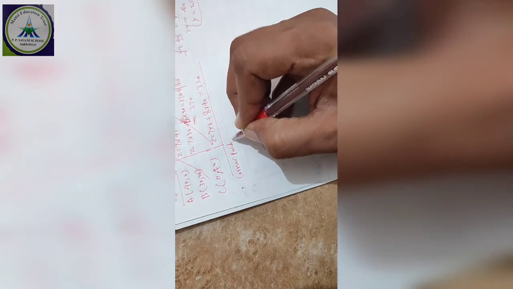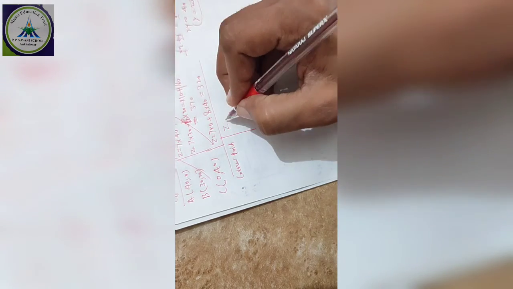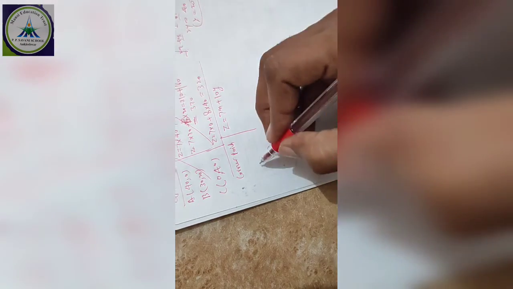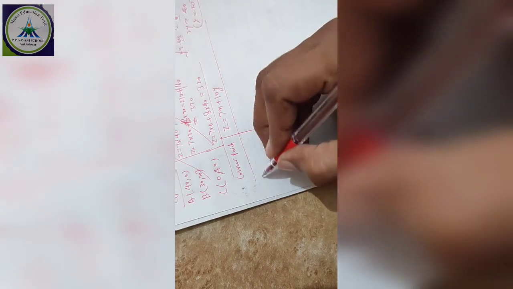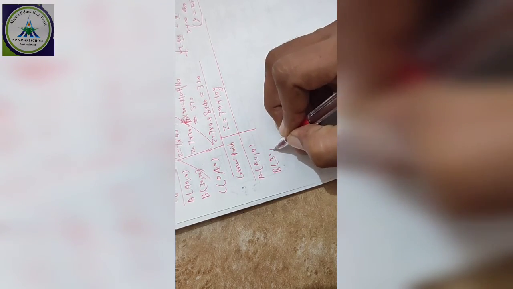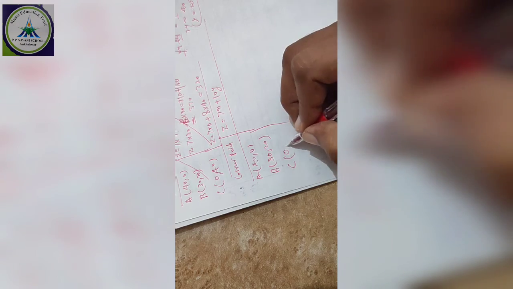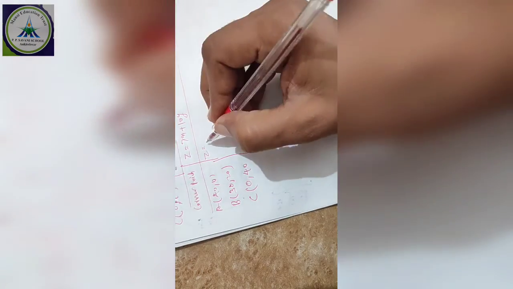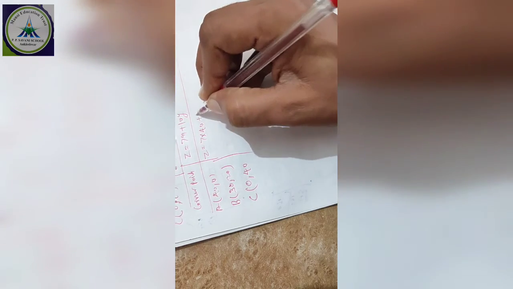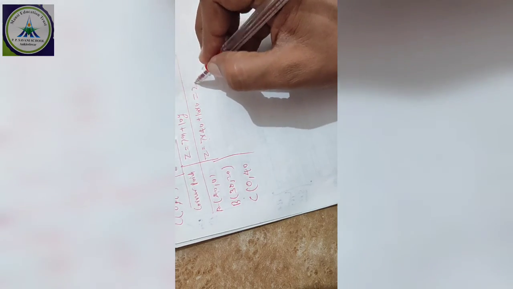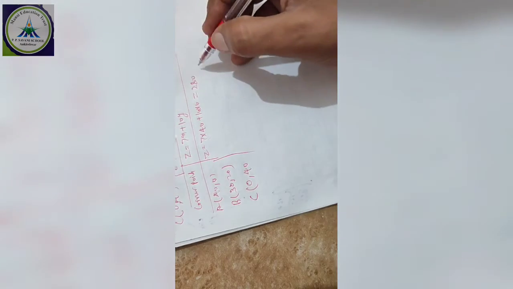Corner points and z equals 7x plus 10y. Corner point A is 40 comma 0, B is 30 comma 20, and C is 0 comma 40. At A, z equals 7 multiplied by 40 plus 10 into 0, equal to 280.